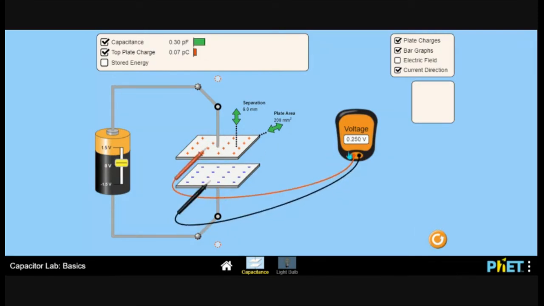So that's around 0.25 volts yet still. So there is a total charge of 0.07 picocoulombs present. So if we increase to 1.5, the conducting plate receives 1.5 volts.